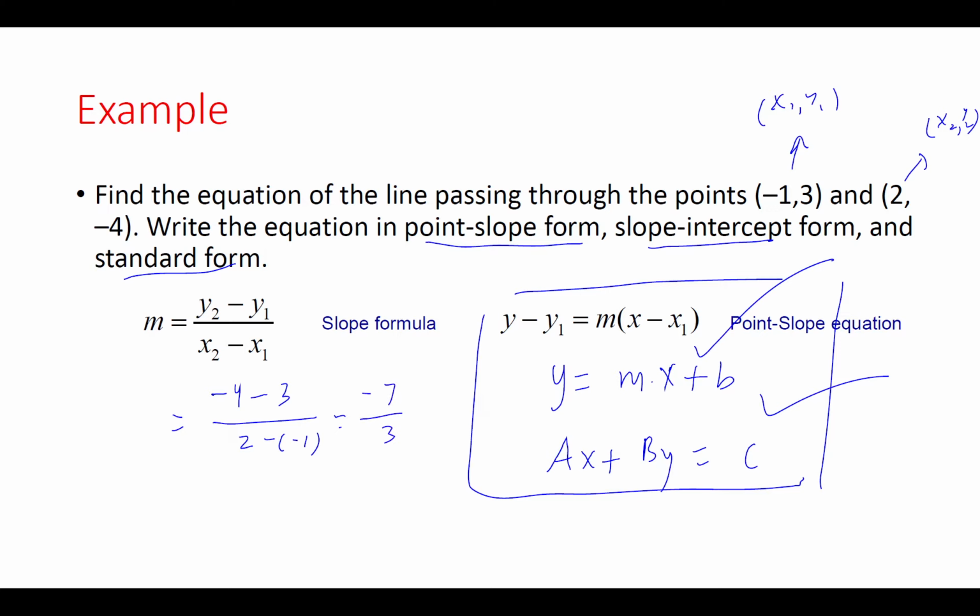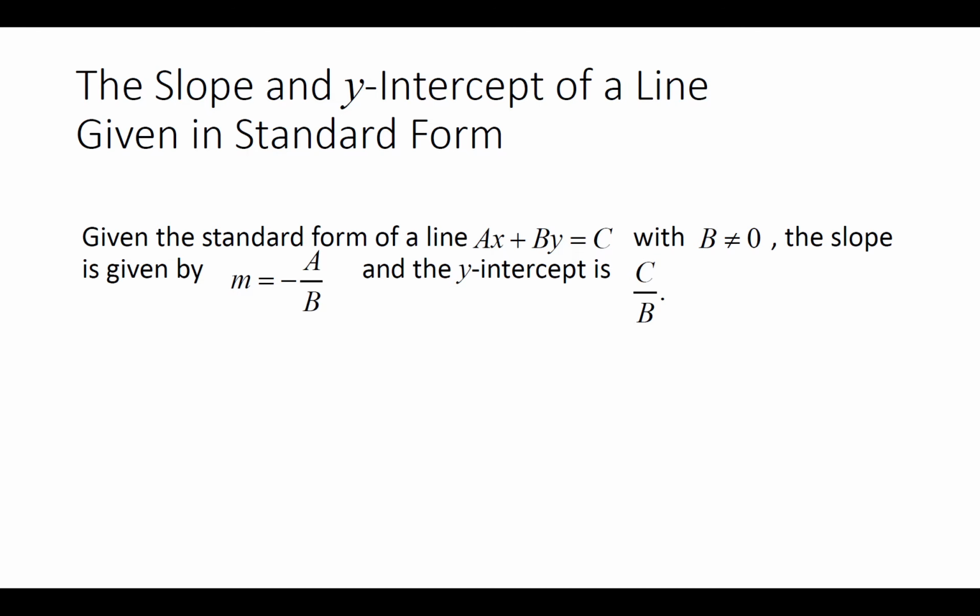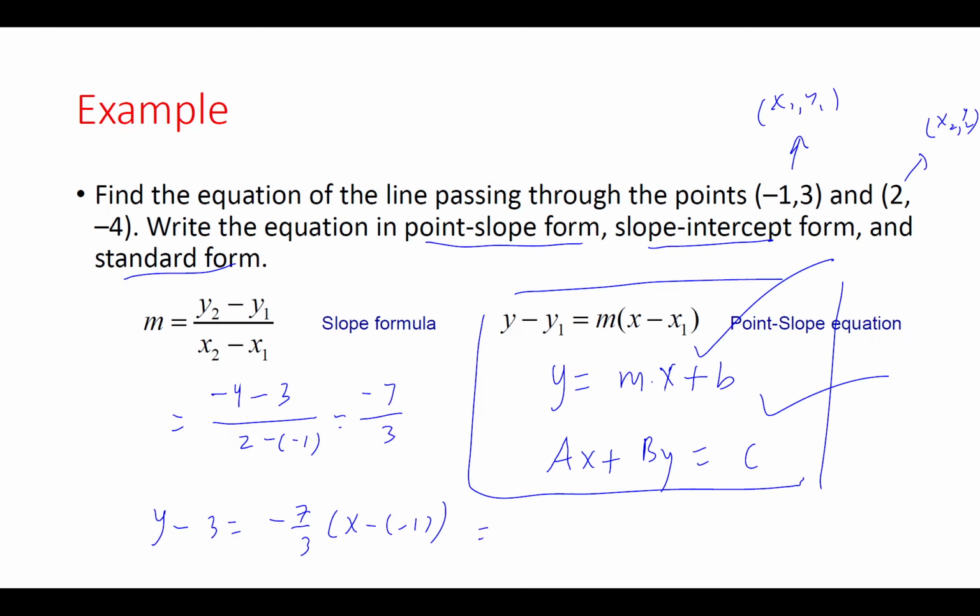That's the slope. And pick one of the points and use the formula, y minus y1. So y1 is 3, slope is -7/3, x minus x1, which is -1. So this is y minus 3 equals -7/3 times x plus 1. So that is point slope form.